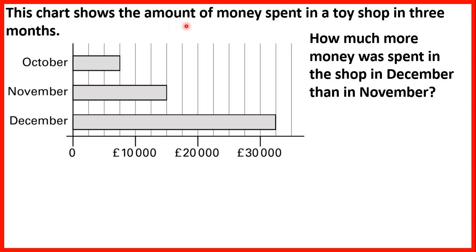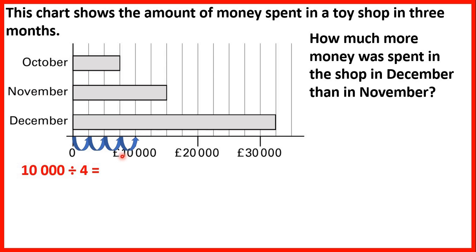This chart shows the amount of money spent in a toy shop in 3 months. How much more money was spent in the shop in December than in November? So we have a bar chart and we need to know what each of these lines represents. So to get from 0 to £10,000, we have 1, 2, 3, 4 lines.